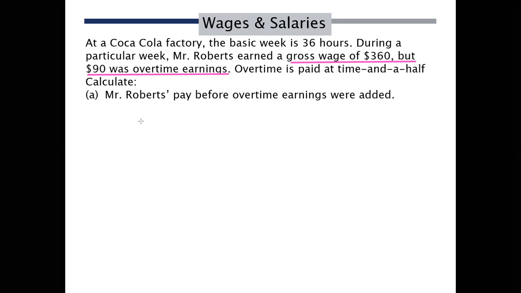And so I can easily determine how much he made before overtime was added in. And that's going to give me his basic wage. So I'll call this basic wage. Mr. Roberts' basic wage is going to be $360. Take away the $90. In this case, his basic wage would be $270.